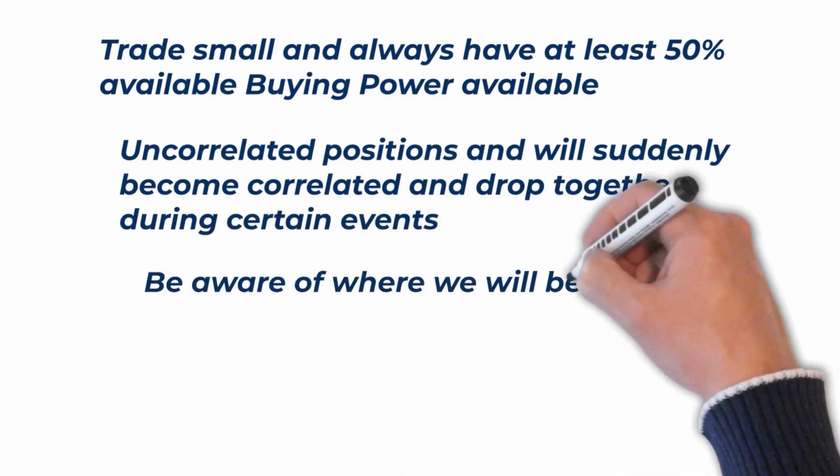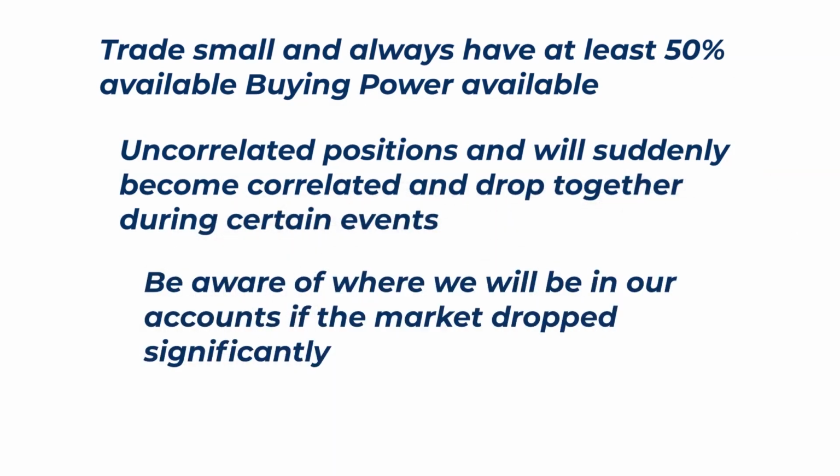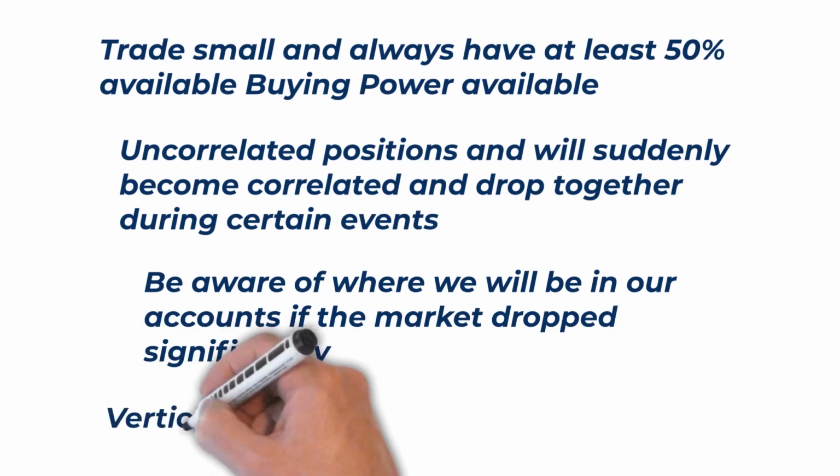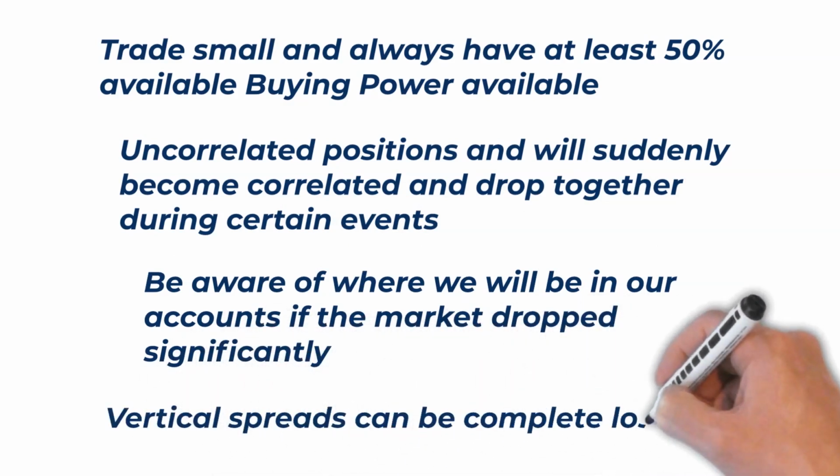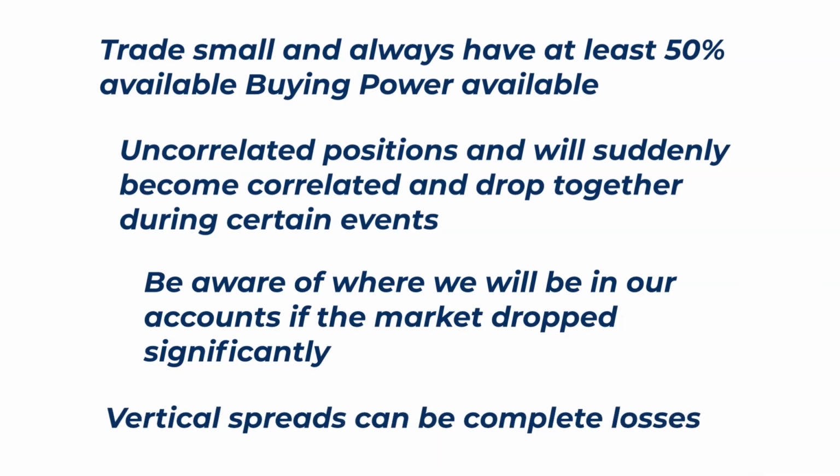Markets can move fast and we always want to be aware of where we will be in our options trading accounts if the market were to drop significantly, like 25 or 30%. We want to understand that although defined risk, there is often no coming back from vertical spreads and they will be complete losses. We want to trade both sides of the market as well.